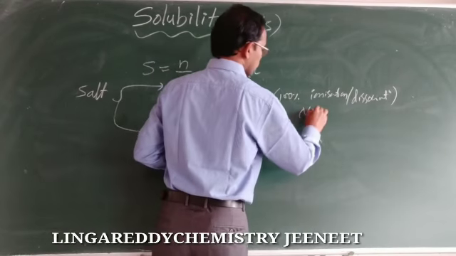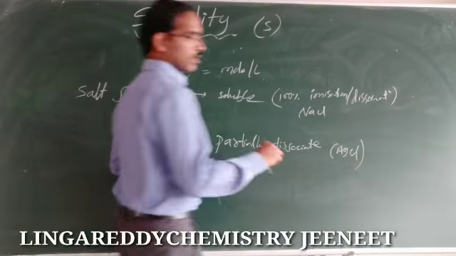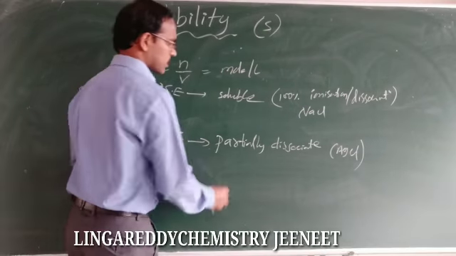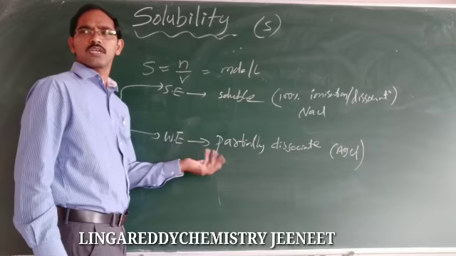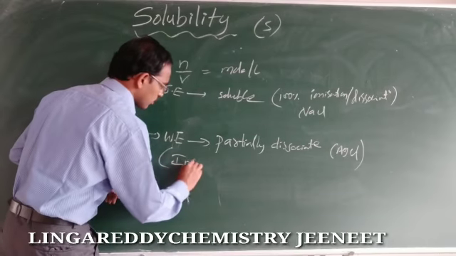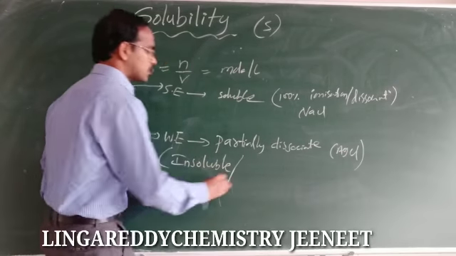Here the example is NaCl, and here the example is AgCl. AgCl partially dissociates, very little. Almost it is insoluble, or sparingly soluble.